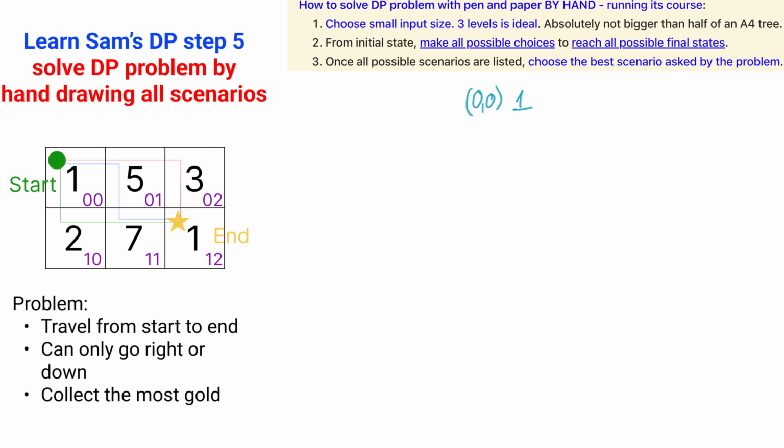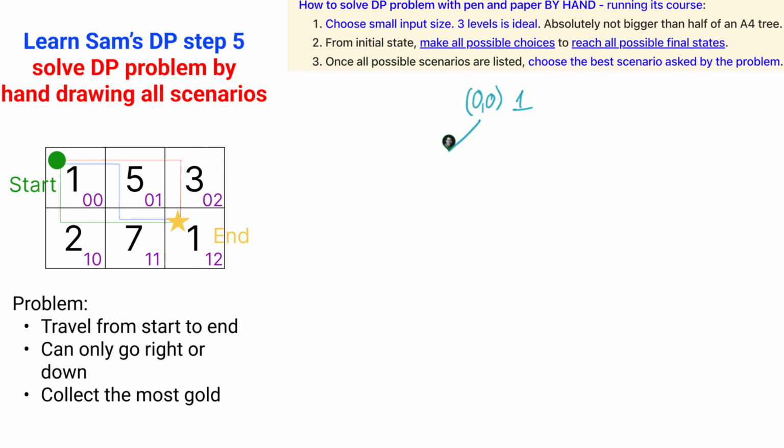To identify the choices, we look at the problem statement, and we can see that right here, it's telling that we can only go right or go down. So right or down is our choices as a specific state. So from here, our initial state, we have 2 choices.